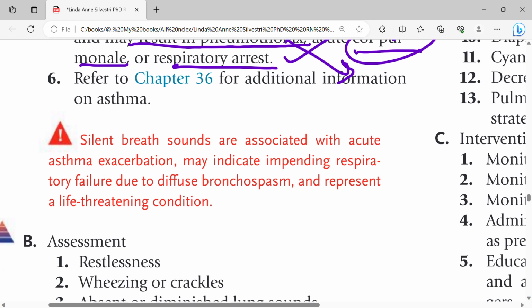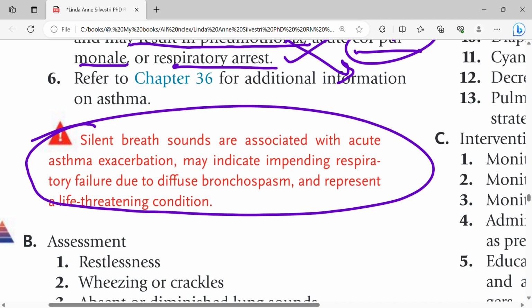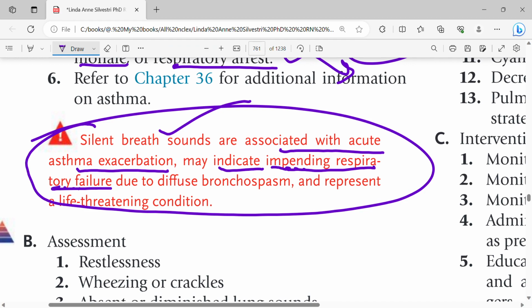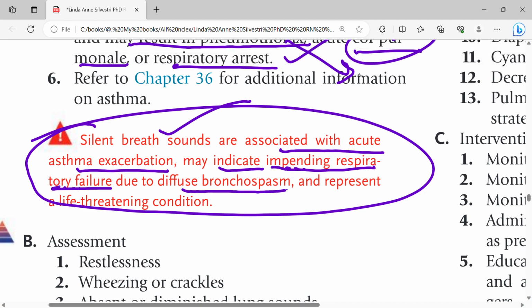The next thing is also an important point. Whatever is written in red is important. Silent breath sounds are associated with acute asthma exacerbation. Silent breath sounds may indicate impending respiratory failure due to diffuse bronchospasm, and represent a life-threatening condition.